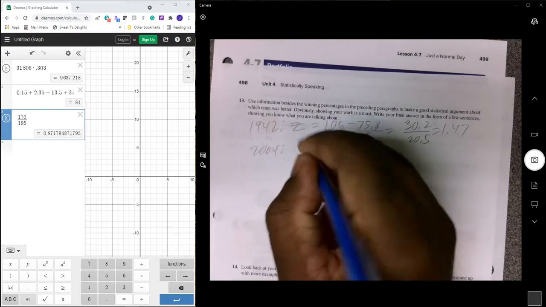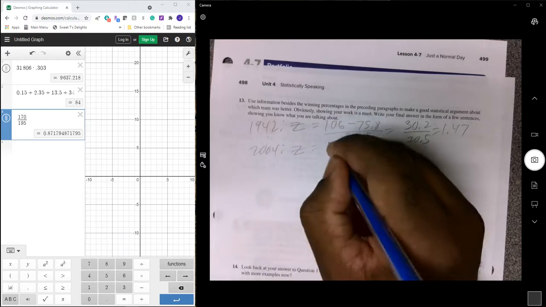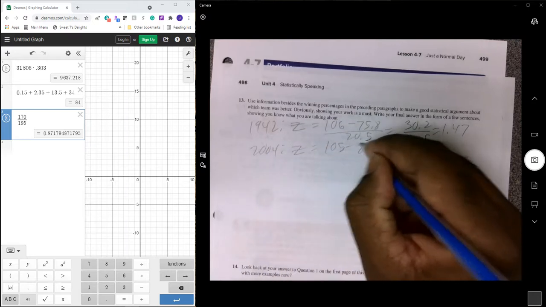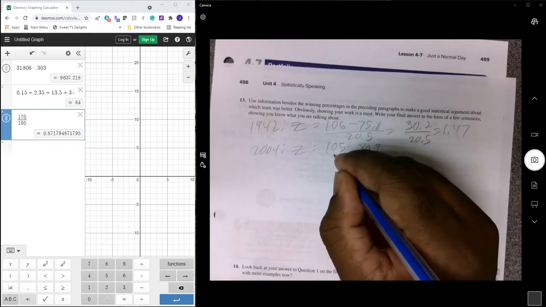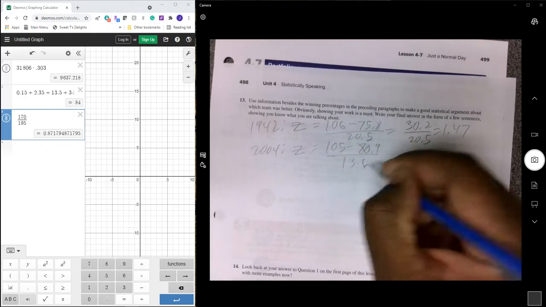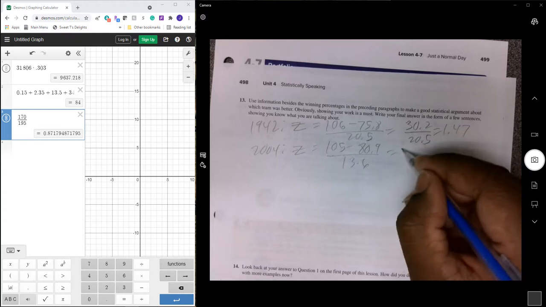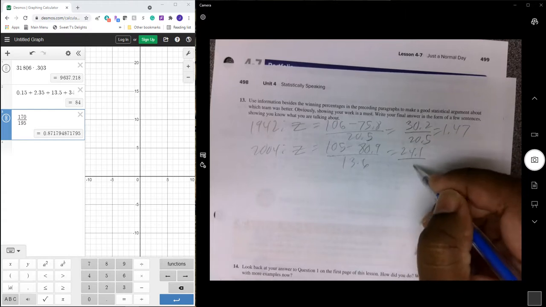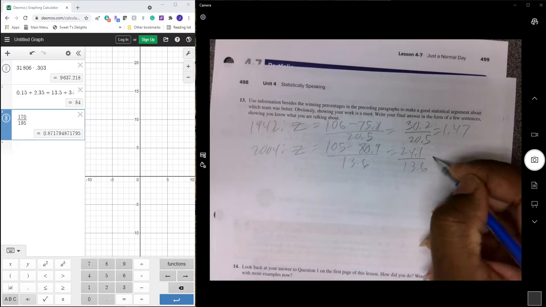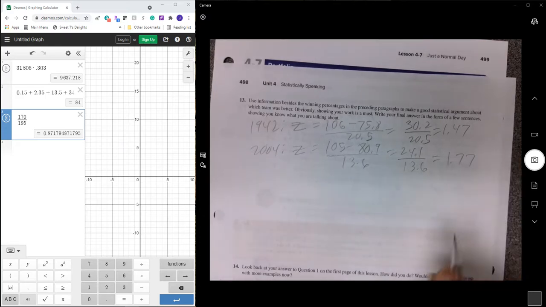Now, in 2004, our z-score would be 105 minus 80.9 divided by 13.6, which is equal to 24.1 divided by 13.6, which is 1.77.